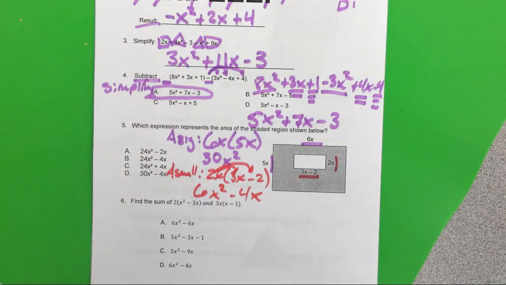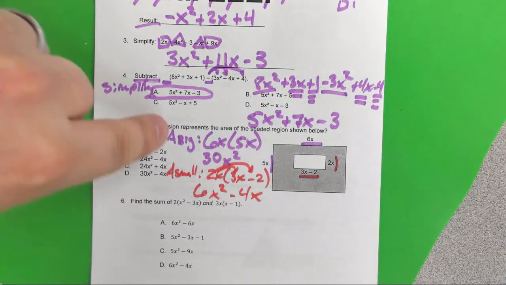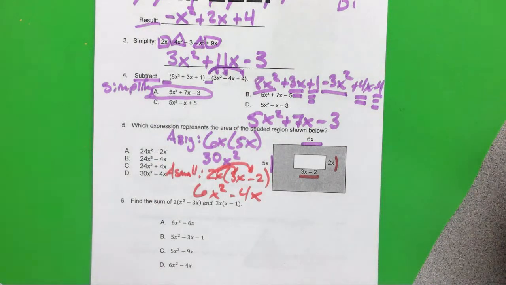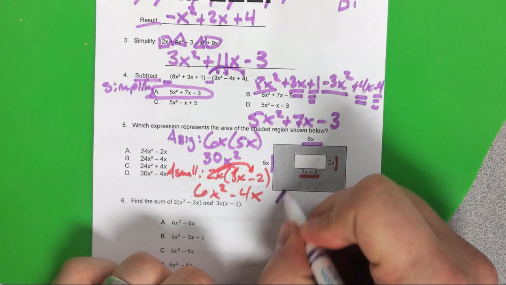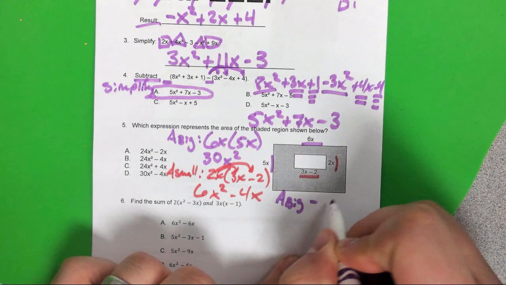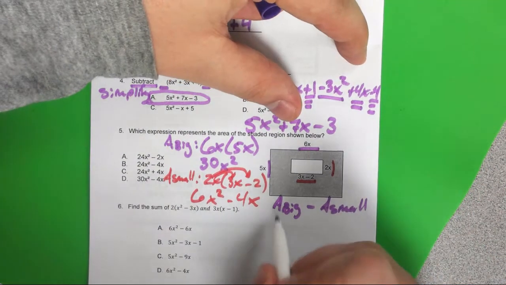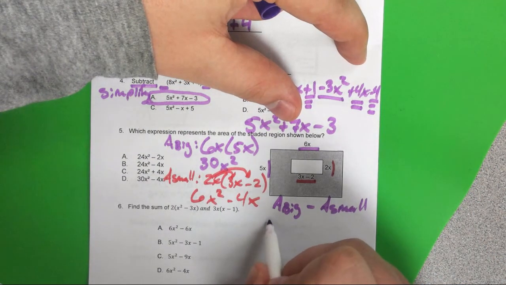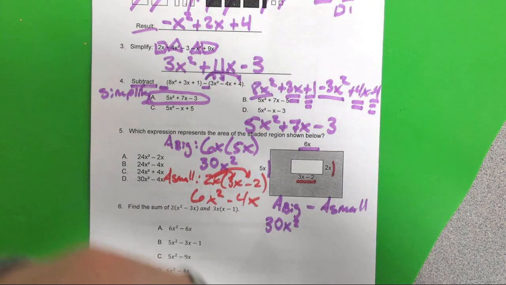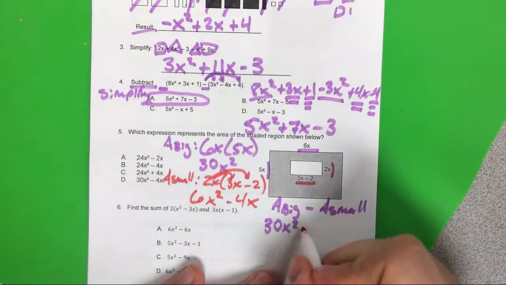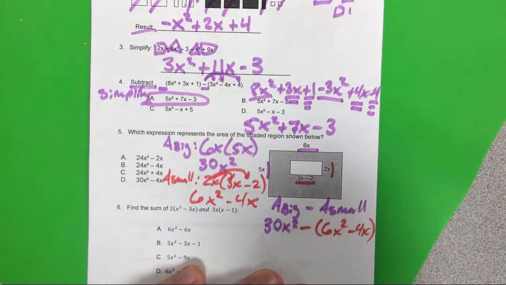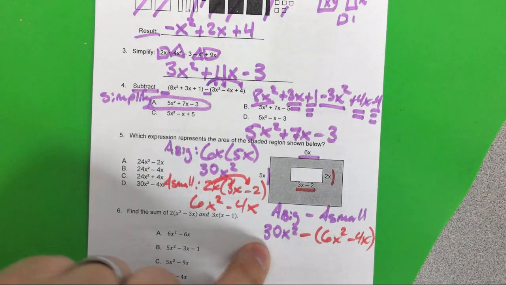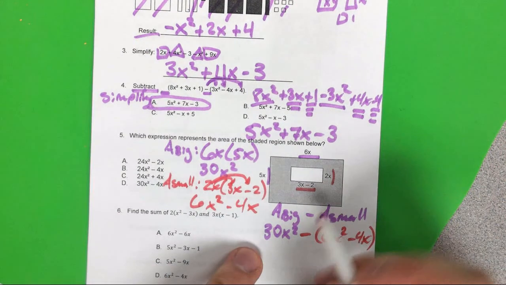Lastly, we need to take the area of the big one and subtract the area of the small one. So it's area big minus area small. My area of my big one is going to be 30x squared. The area of my small one, I'm going to subtract that, was 6x squared minus 4x. Big minus small. Got to distribute my negative here.